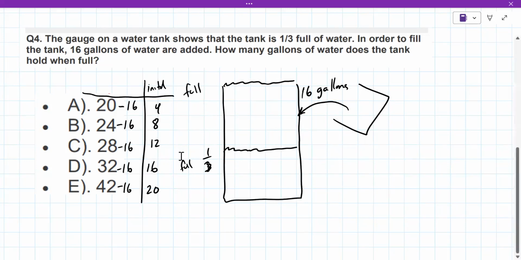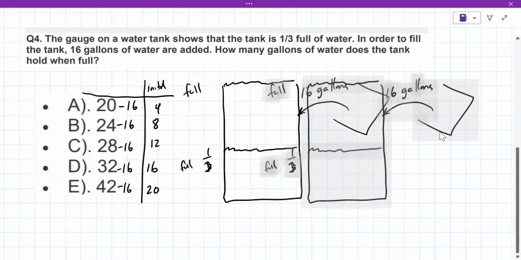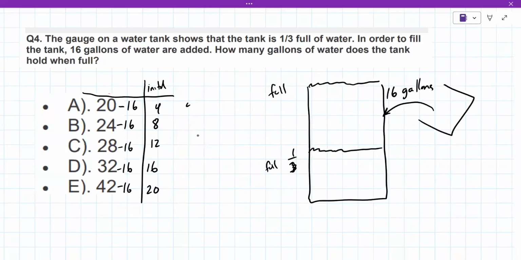So they're saying it had 4 gallons in it, and I added 16. Is this value of 4 equal to 1/3 of 20? Let's just keep going here. Is 8 1/3 of 24?